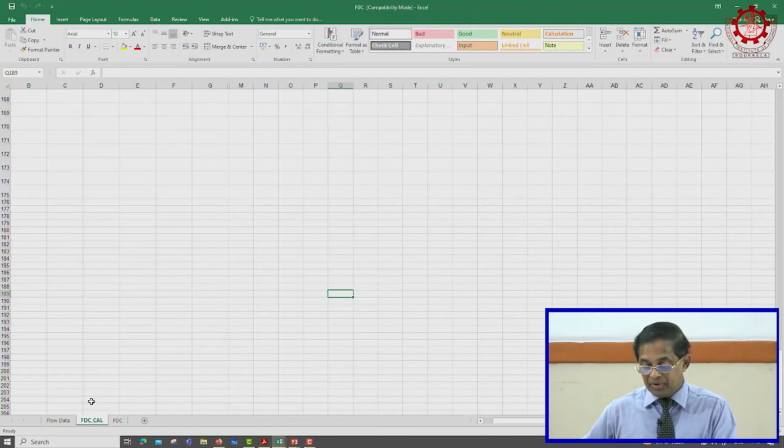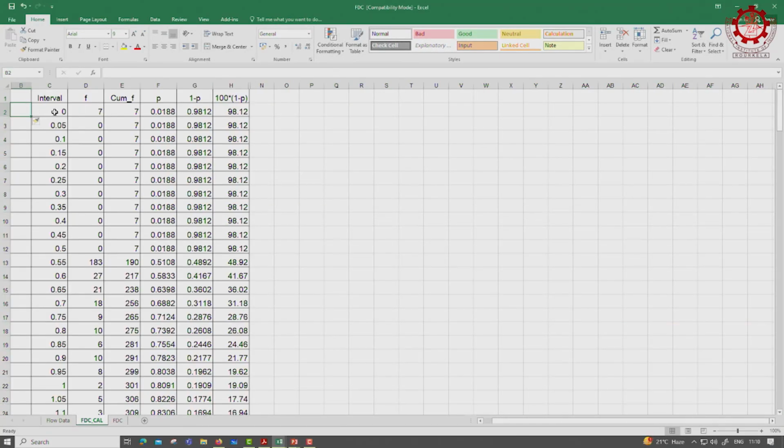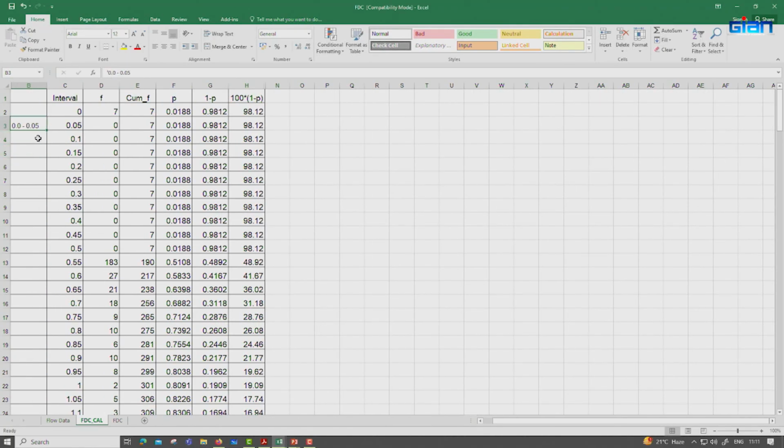When I say 0.05 here, I mean it is 0.00 to 0.05. This class, this range, I put as a single number, because otherwise I can't do calculations with it.